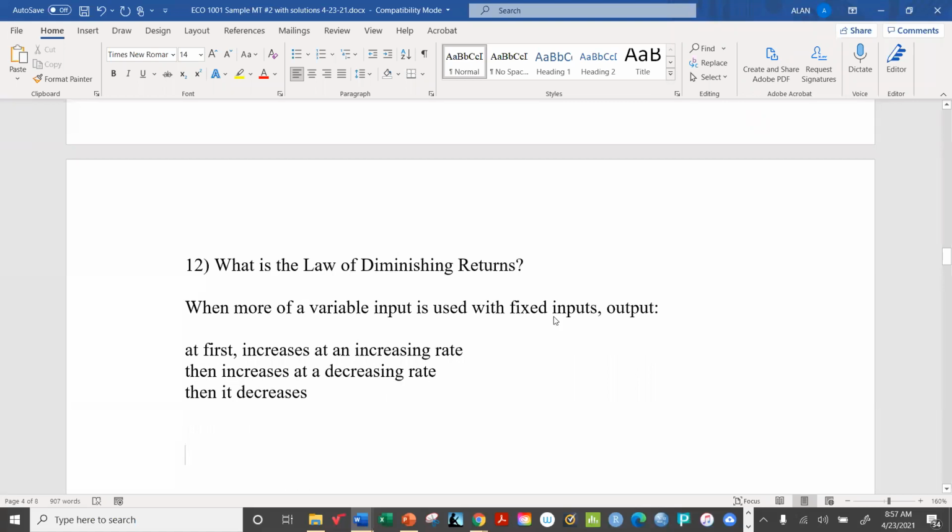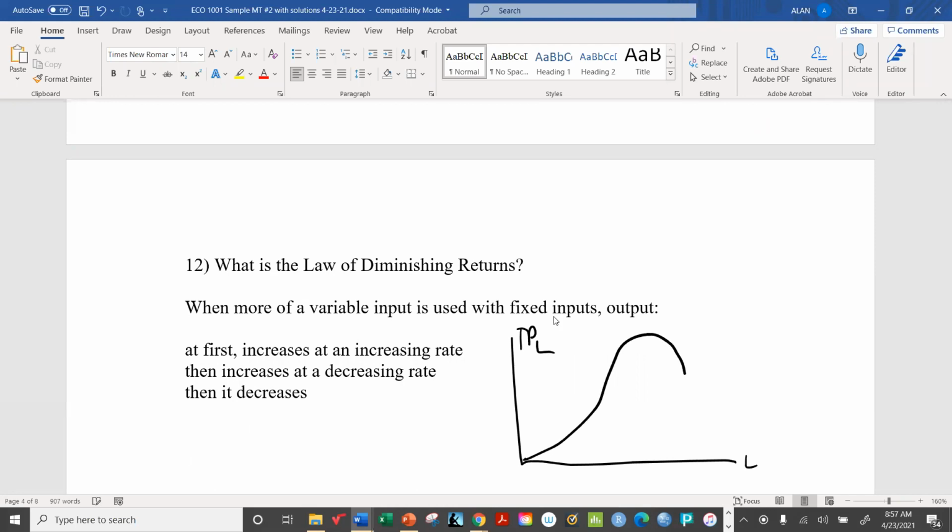It increases at an increasing rate, then it increases at a decreasing rate, and then it starts to become negative.